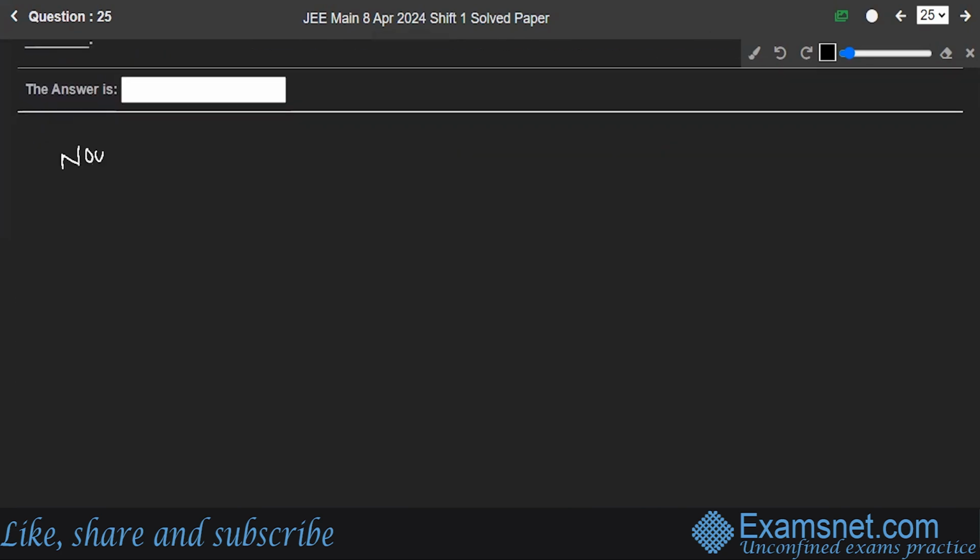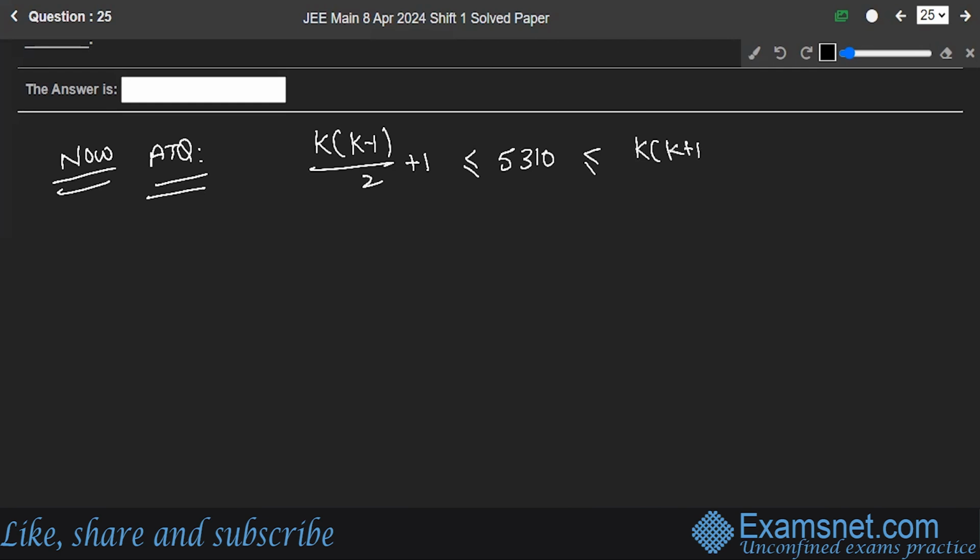Now, according to the question, this 5310 will lie between k into k minus 1 upon 2 plus 1 and k into k plus 1 upon 2, right? So let's solve them separately. K into k minus 1 upon 2 less than or equal to 5309, or k into k minus 1 less than or equal to 10618.